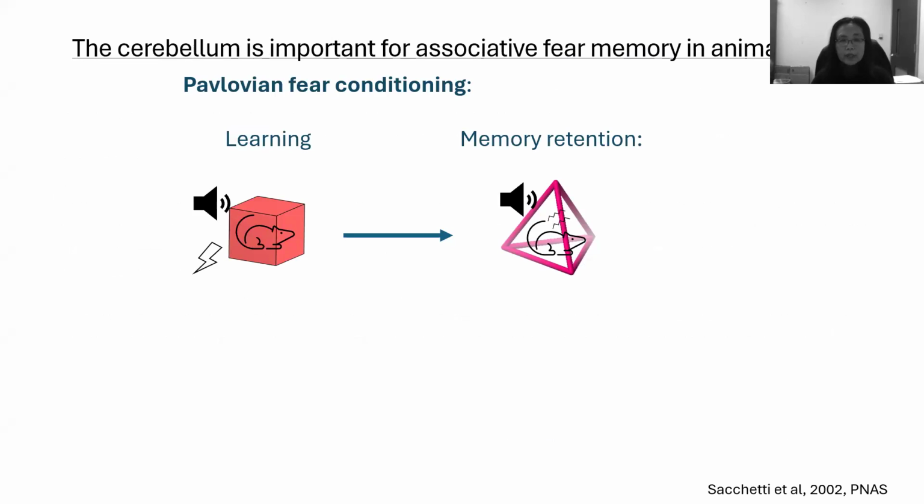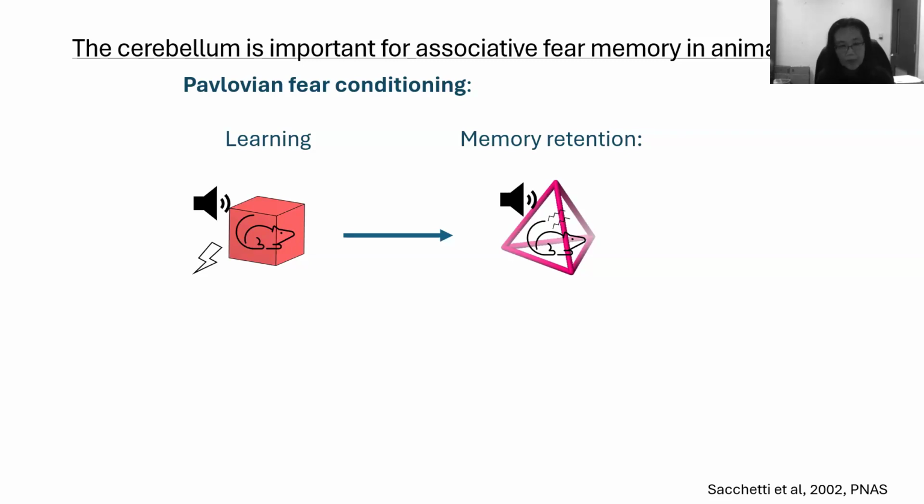One day or days later, the animal can be placed in a different context, a different environment. Then when they hear the same tone as during the learning phase, they will display a freezing response, which is a defensive response, and suggests the animal remembers that the tone will predict a subsequent foot shock.